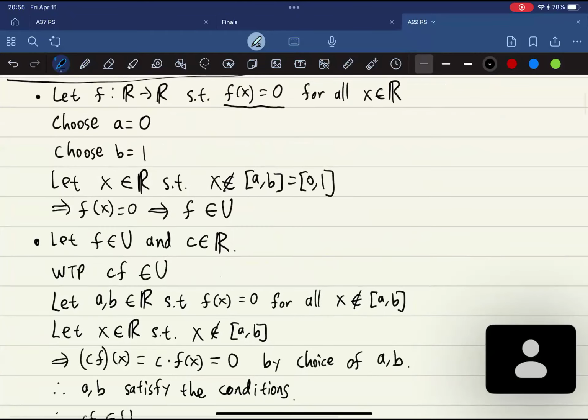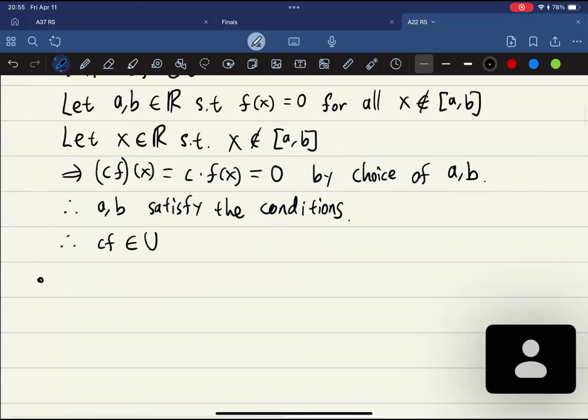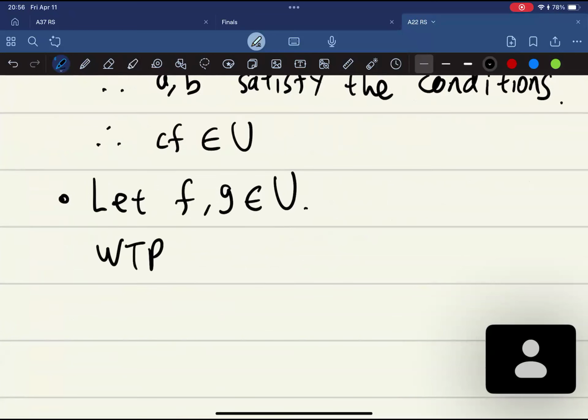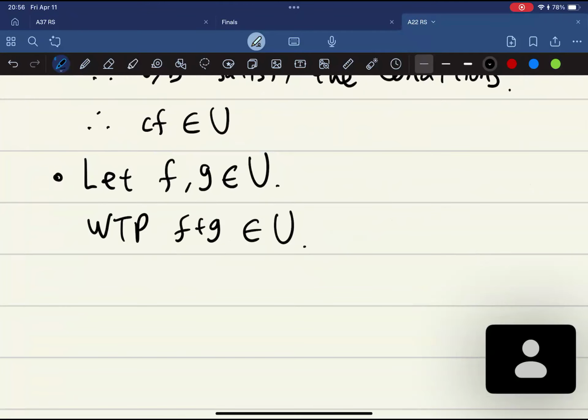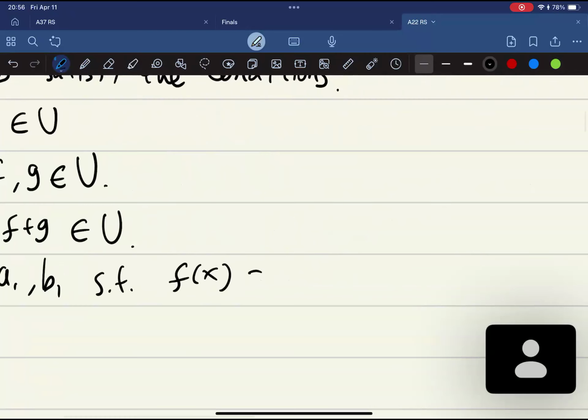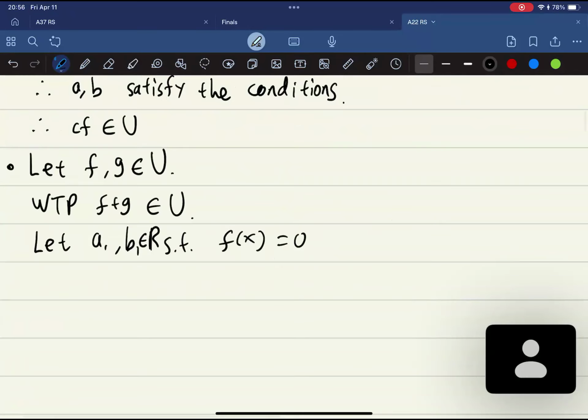So for the closure under vector addition, we first let two arbitrary functions, f and g, be elements of U. We want to prove that f plus g is still an element of U. So we let a1 and b1 be real numbers such that f of x is equal to 0 for all x not in the interval a1, b1.